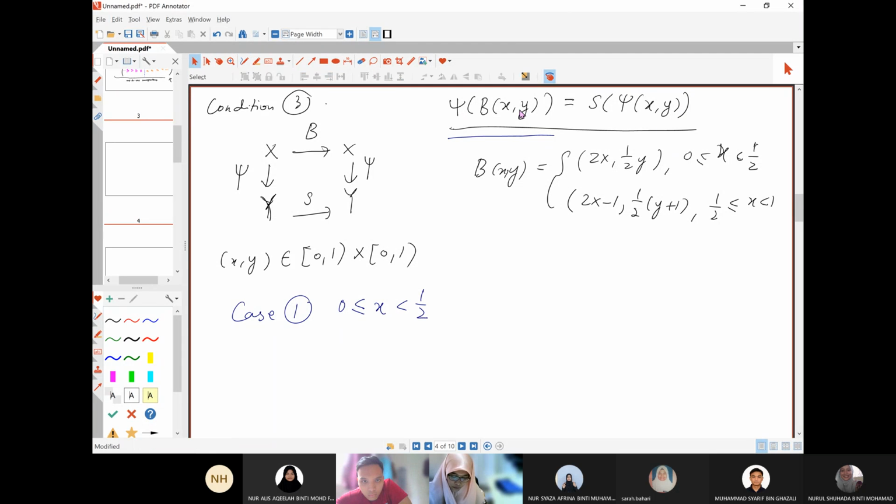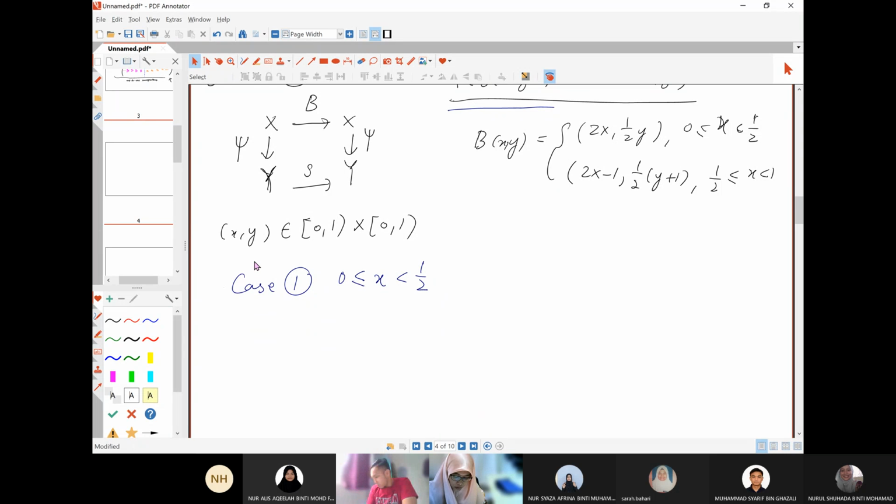Psi of Bxy. So the first what we want to find. So we have to find Bxy first. Okay. So you have the xy already. You know Bxy kan? So xy tadi, you can write it as this, right? x1, x2, x3 and so on.